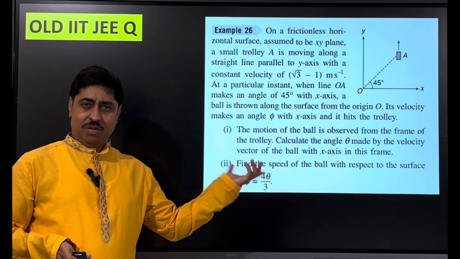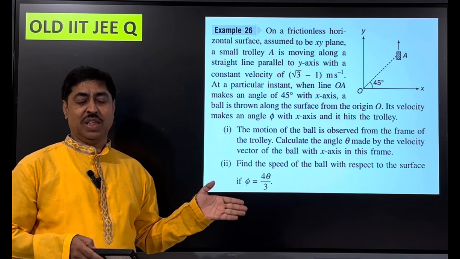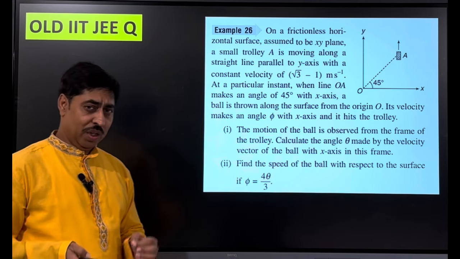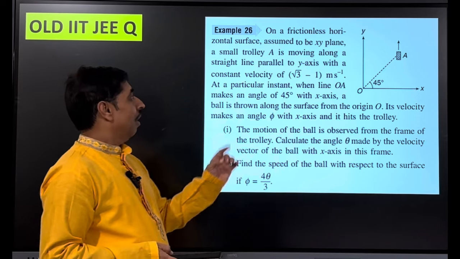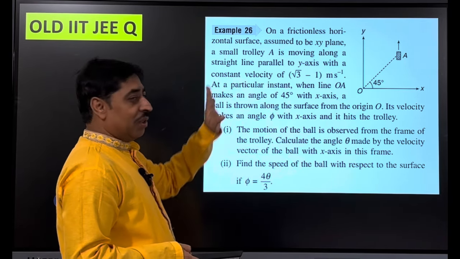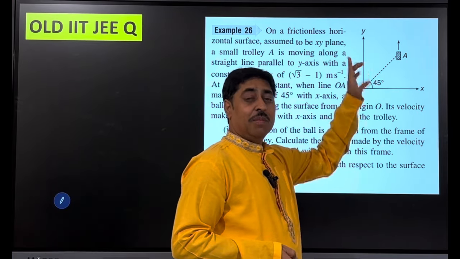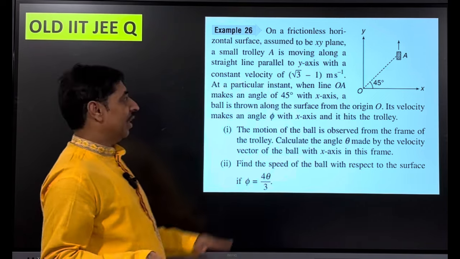I basically copied the question as well as its solution from my own book, Mechanics Volume 1. Let us have a look at the question. What does the question say? On a frictionless horizontal surface assumed to be the xy plane. In this diagram, the diagram is the xy plane, it is a horizontal plane, it is frictionless.